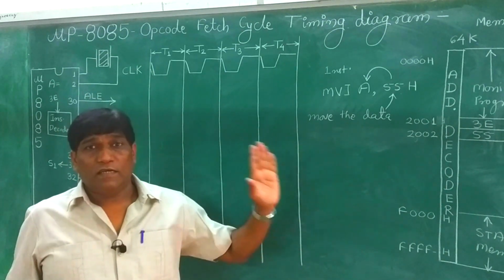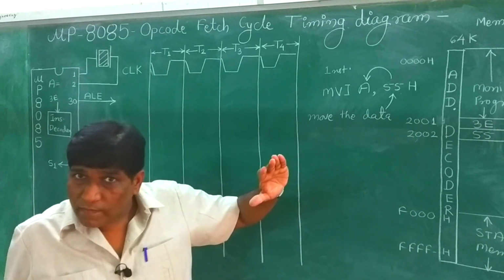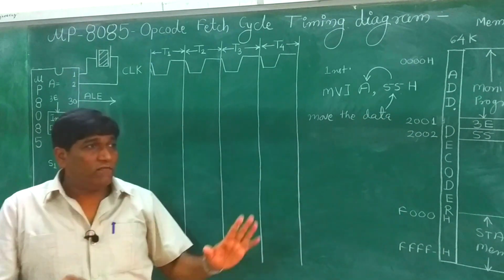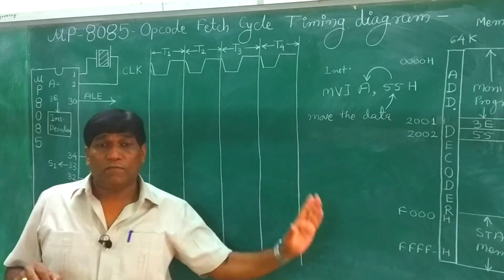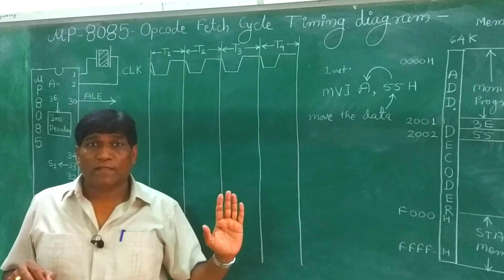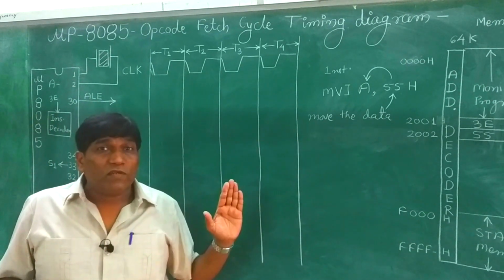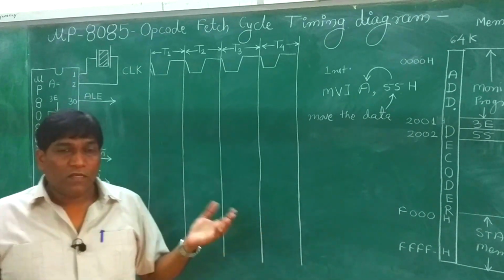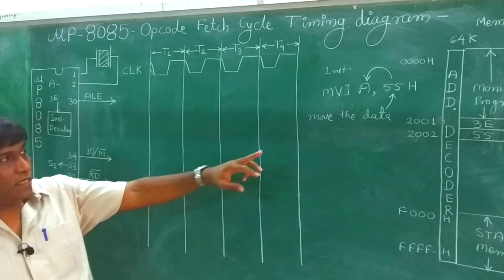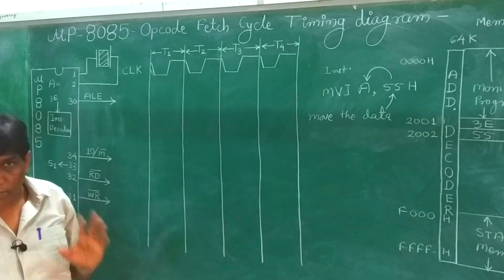In this way we are proceeding and writing our program. Every time we write a program, we are just writing different codes in the memory of the microprocessor, and when this program is running, it will be executed according to the different circuitry as we have explained. We have taken the example of MVI A, 3E is the opcode, 55 is the data.